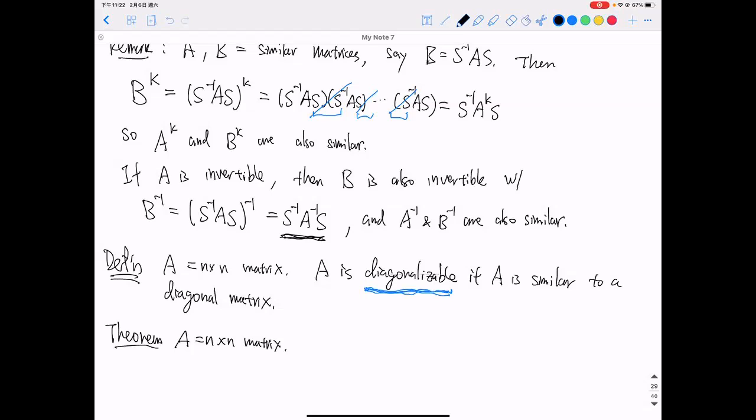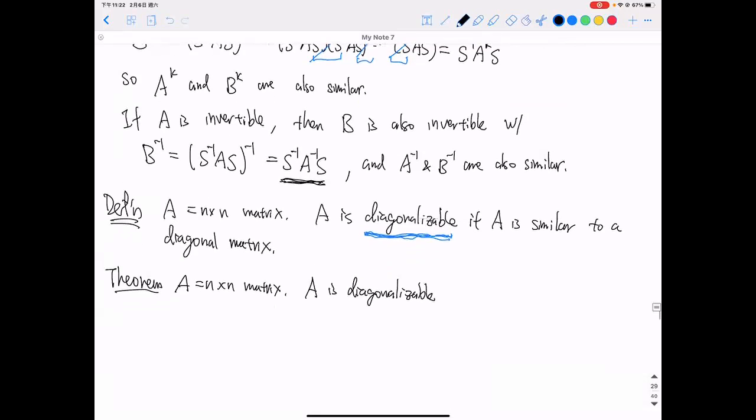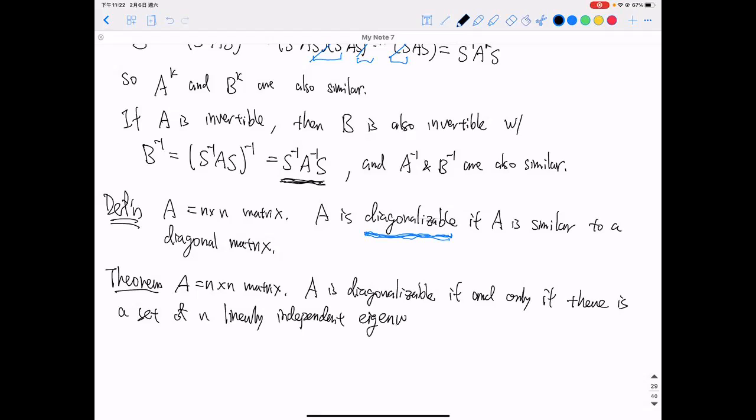Again, A is diagonalizable if and only if there is a set of n linearly independent eigenvectors of A.